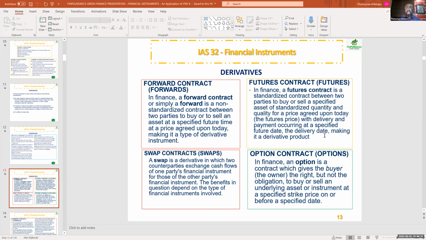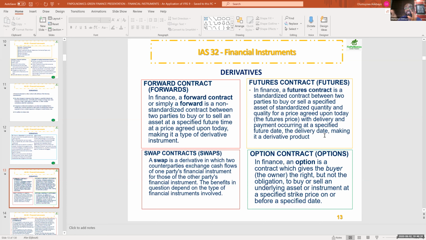In that case, there can be a default, even though there's a legal way of seeking redress. But first, there will be a default, which means the possibility of default is inherent in a forward contract. Okay, now, to eliminate that credit risk, there is this contract we call the futures contract.